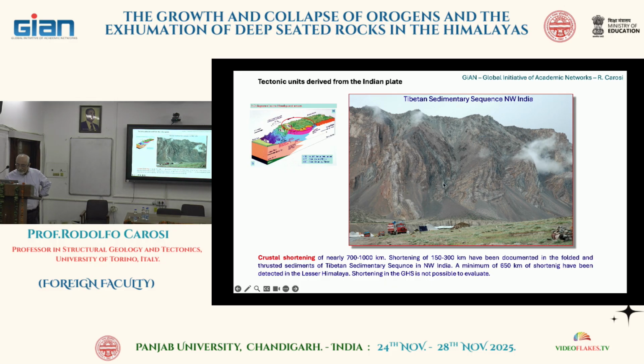The sediments are really deformed in very large folds continuously. And by this kind of fold, you can calculate the shortening that has been estimated at 700 to 1,000 kilometers.